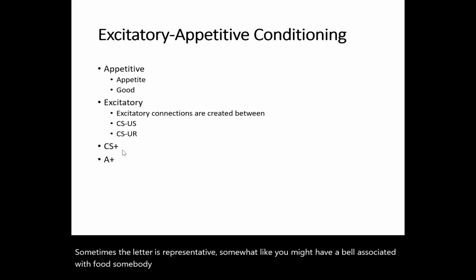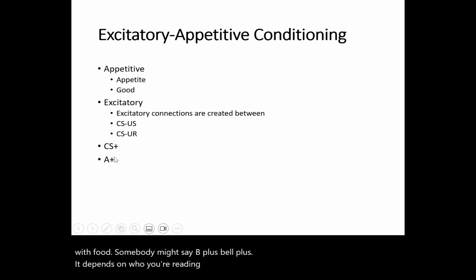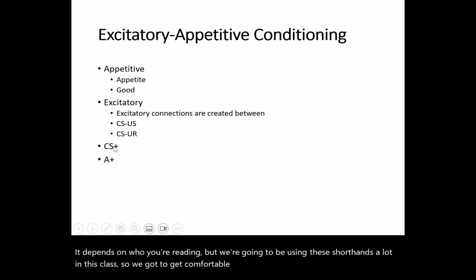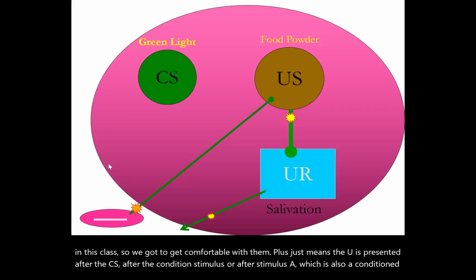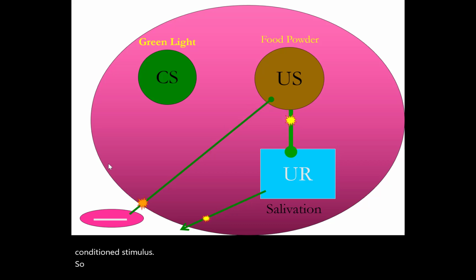Somebody might say B plus, bell plus. It depends on who you're reading, but we're going to be using these shorthands a lot in this class, so we've got to get comfortable with them. Plus just means the US is presented after the CS, after the conditioned stimulus, or after stimulus A, which is also a conditioned stimulus.